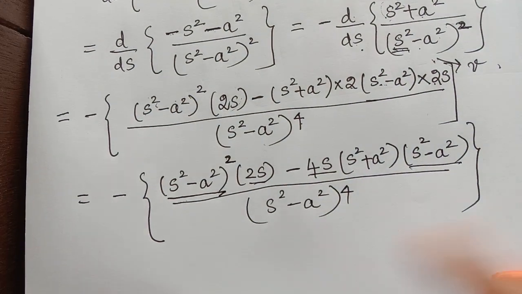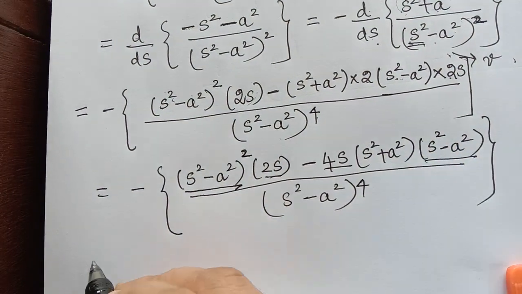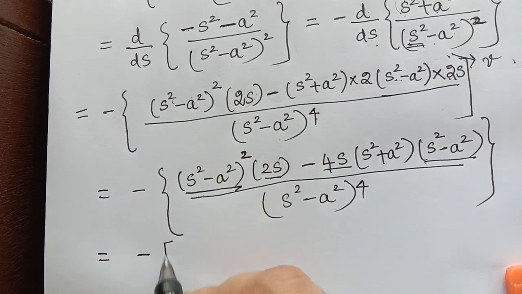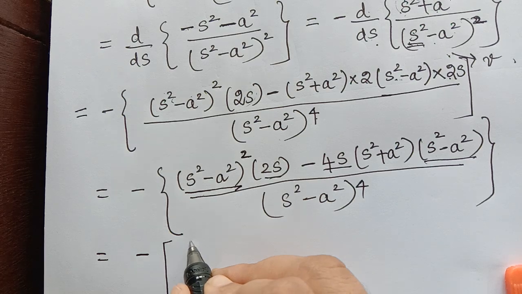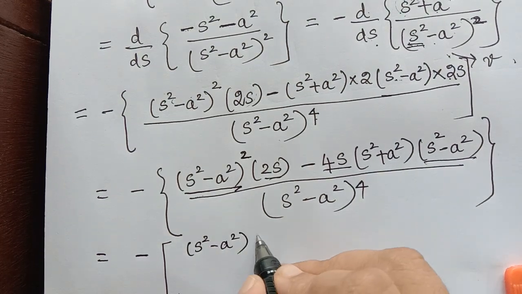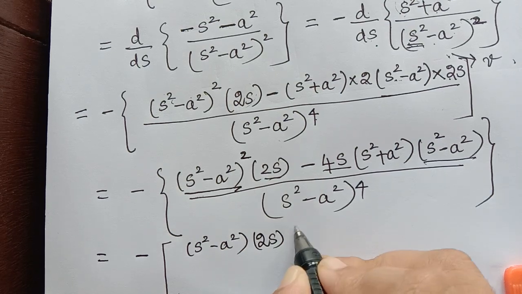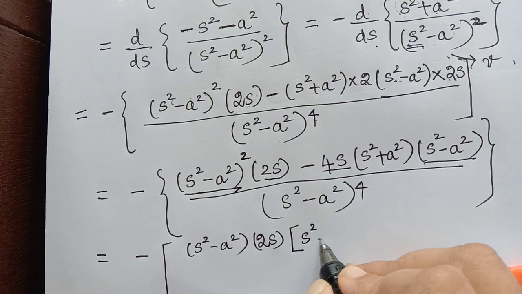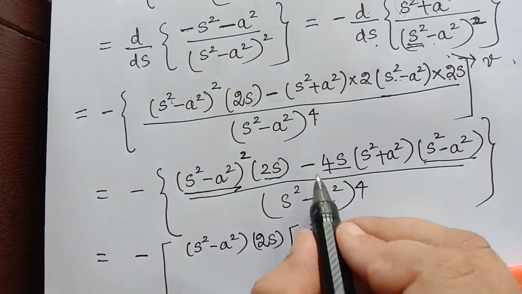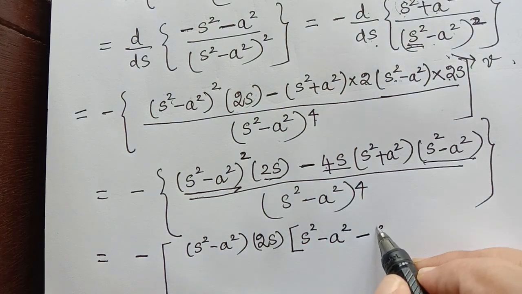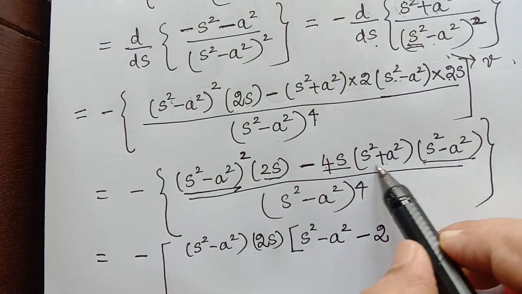So what we will be having, so this will be equal to minus, so minus of, we will be having in the numerator s square minus a square common and then 2s common. So what is left out inside the bracket? One of the s square minus a square is left out, and then we have a minus 2, so 2 multiplied with this is there.